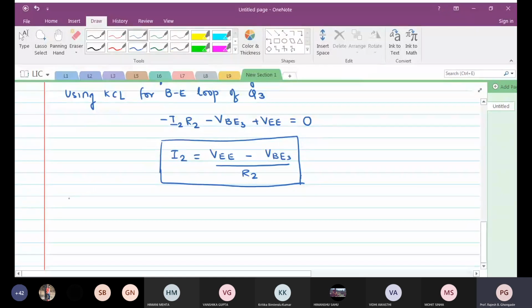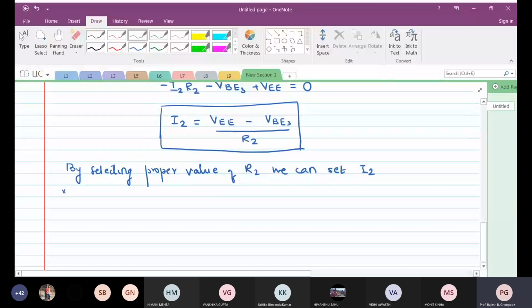By selecting a proper value of R2, we can set I2. Generally, while designing, we first select a proper value of I2, and then calculate R2.